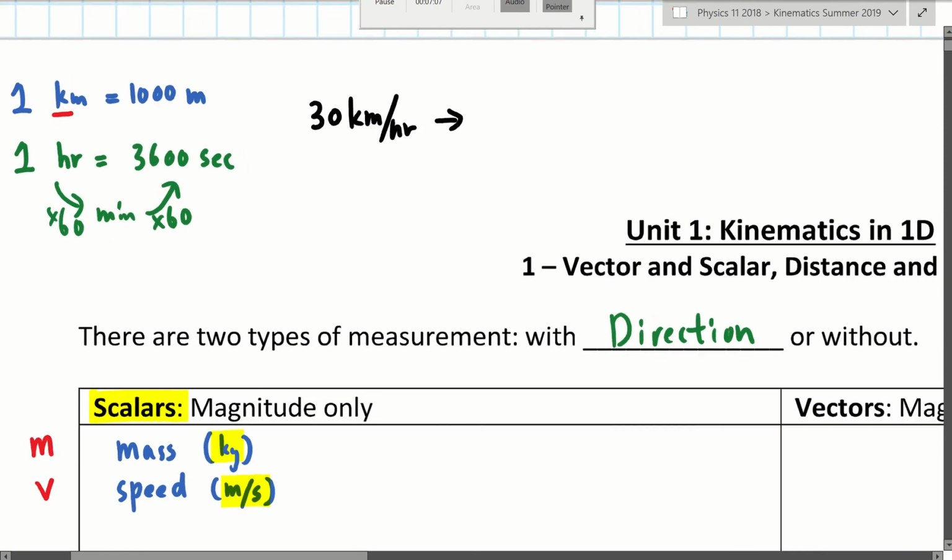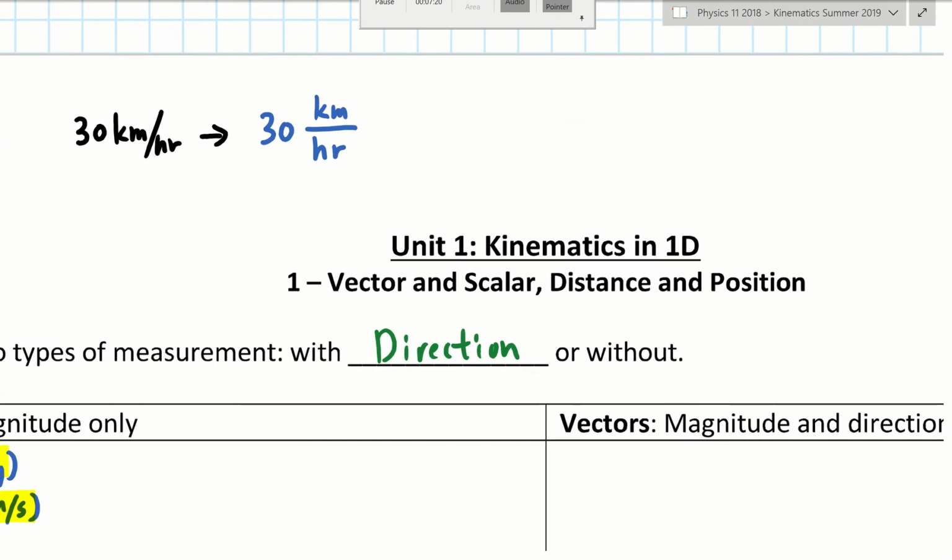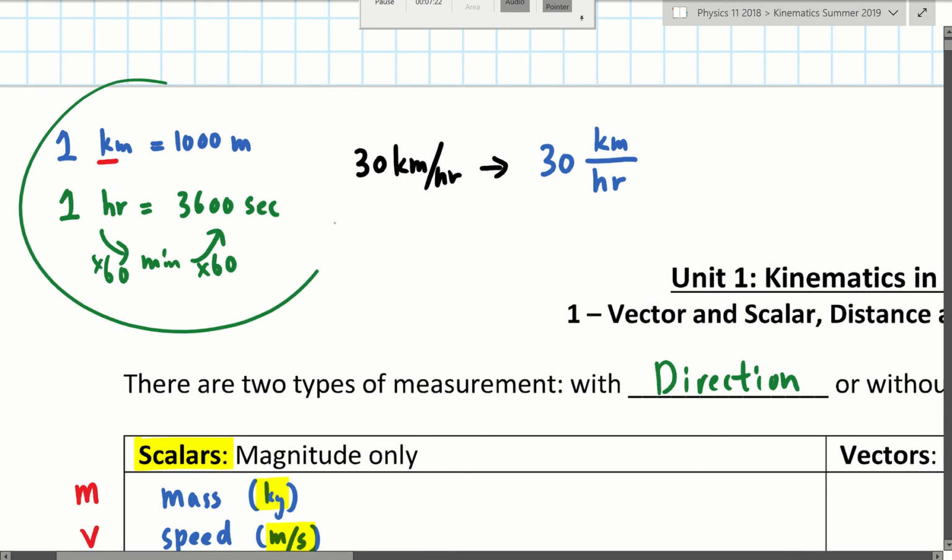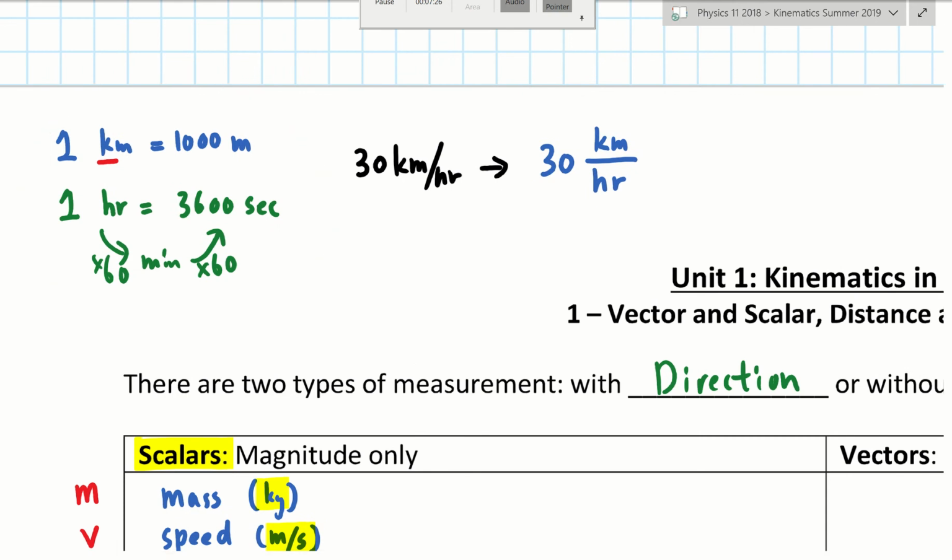Now, the long way, or I guess the proper way to do this, is the following. You write km per hour, and then you use the conversion factors that are over here. What you do is you think about the unit that you want to keep and the unit that you want to cancel, and then you adjust the proportion accordingly.